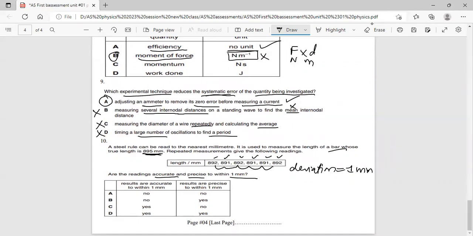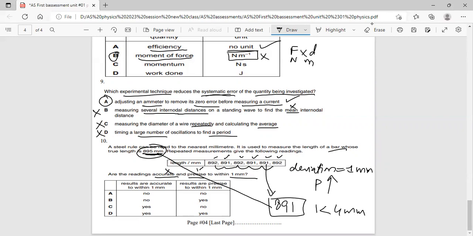It means their precision is high. But the true value is 895 and the average value is around 891, so the deviation between these two is 4 millimeter, which is of course more than 1. It means it is not accurate. So it is precise, yes, but it is not accurate. So the option is B.